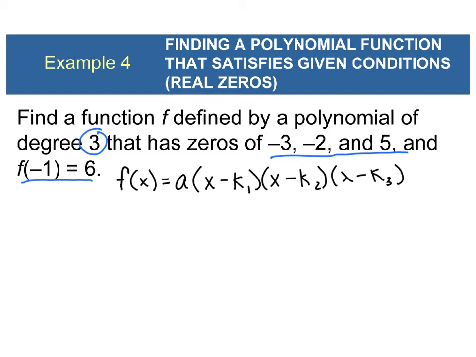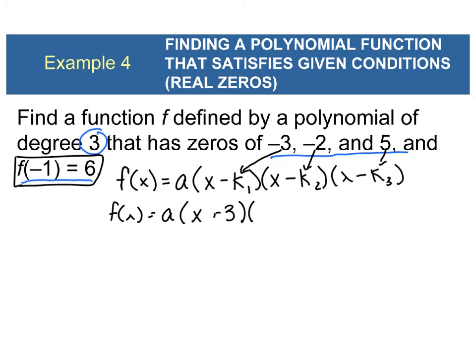Now we're going to plug in what we know. So negative 3 needs to go here, negative 2, negative 5. And then we're going to use this fact right here to come up with our value of a. Okay, so let's do this process. x, this is going to be plus 3. Now this is going to be plus 2. And minus 5.